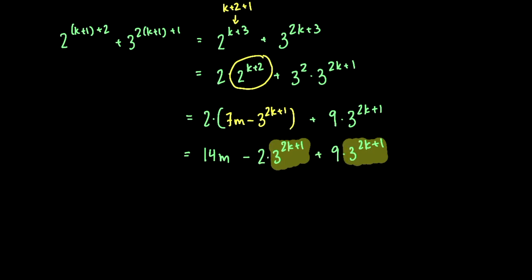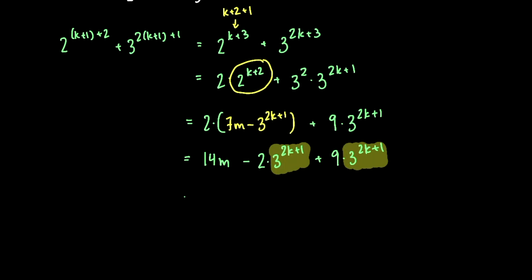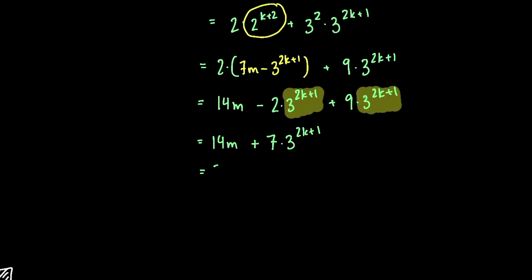So I've got 7. What I've got in total is 14m plus 7 times 3 to the 2k plus 1. And I can factor a 7 out of that. I've got 7 times 2m plus 3 to the 2k plus 1.